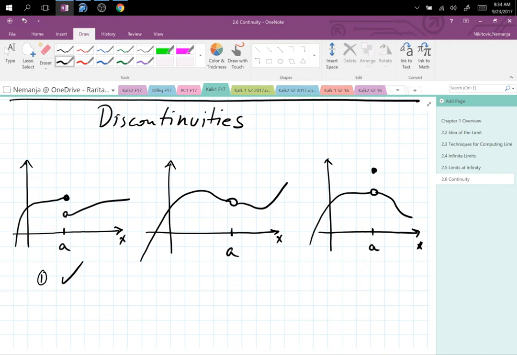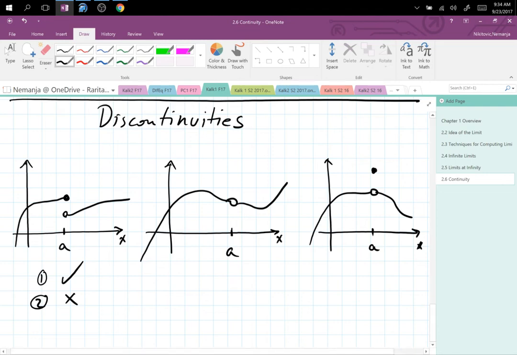Number 2 is the one that fails. The limit doesn't exist. If you look at the limit from the left, is this value, the limit to the right is this value, they're not the same value, so no limit. Functional value exists, it's whatever the dot is. So it passes the first rule because it does have functional value that exists, which also matches the left limit, but then limit didn't exist because the right limit was off.